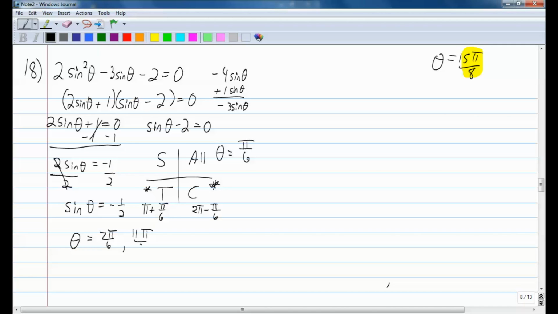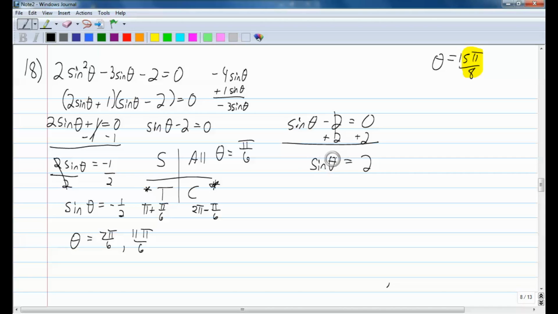Alright, now our other equation is sine of theta minus 2 equals 0. So add 2 to both sides. I get sine of theta equals a positive 2.